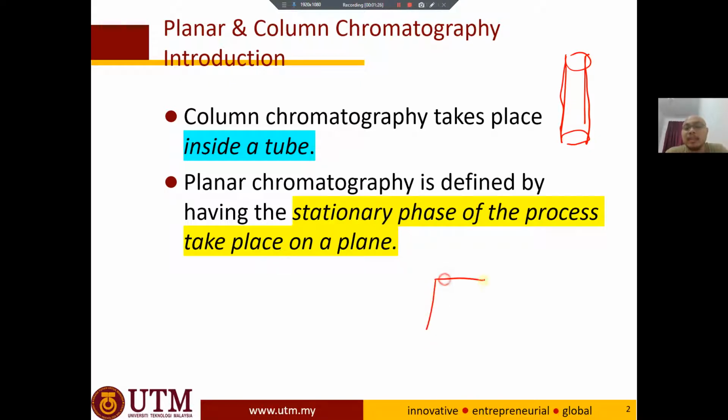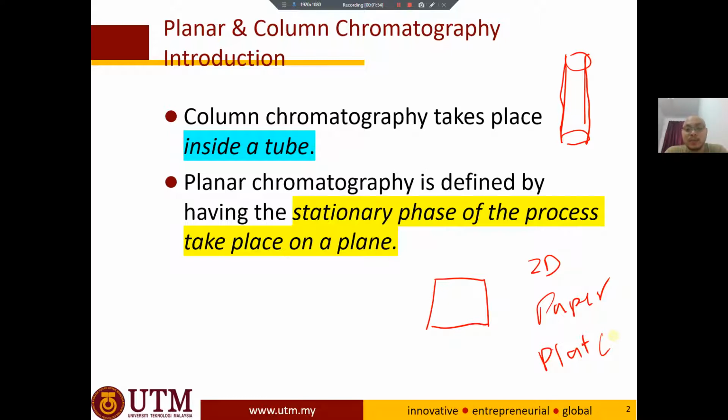A 2D plane, two-dimensional, that we can imagine such as a paper, or we can also imagine as a plate.